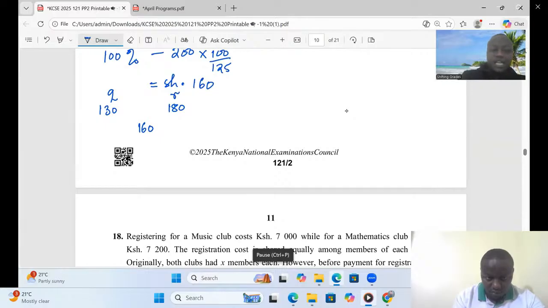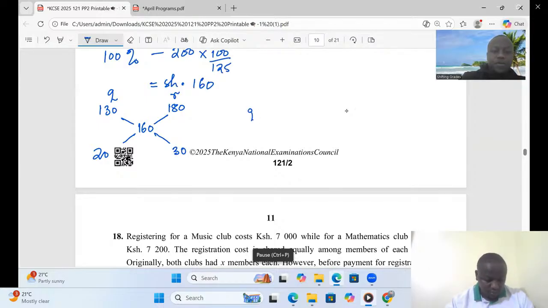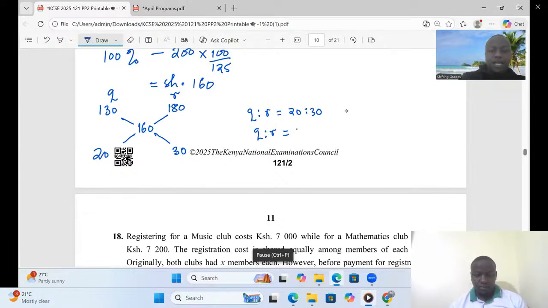We take the differences: 180 and 160, we get 20. Then 130 and 160, the absolute difference is exactly 30. So for Q and R, we use the ratio 20:30, and we ensure that it is properly simplified. This shall give us 2:3.